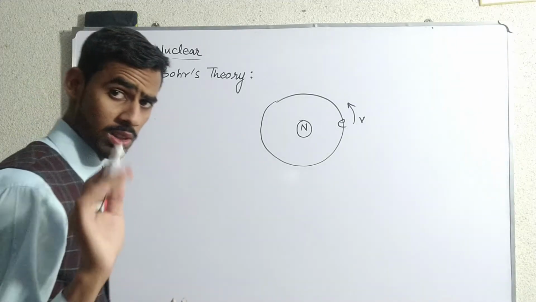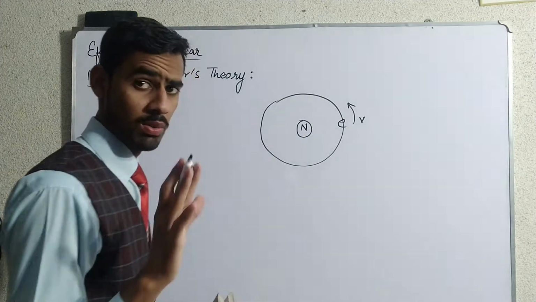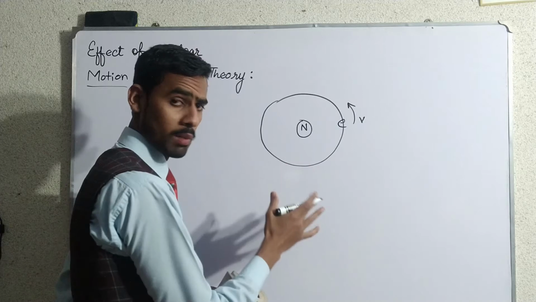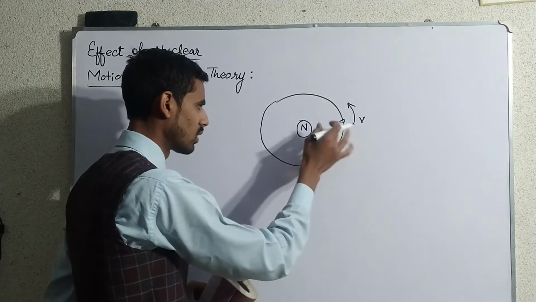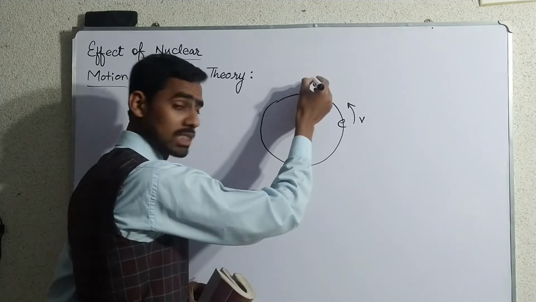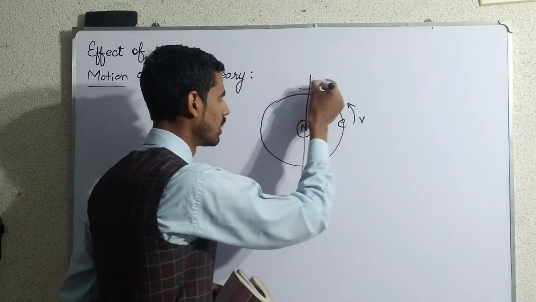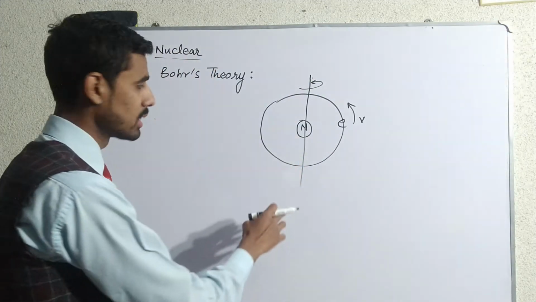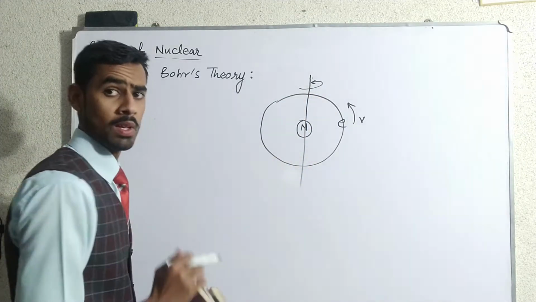This time the nucleus is also revolving around an axis of rotation, let's say about the center of mass. Both the nucleus and the electron have a common center, and at that common center the nucleus is also revolving. This common center is the axis of rotation of the nucleus.